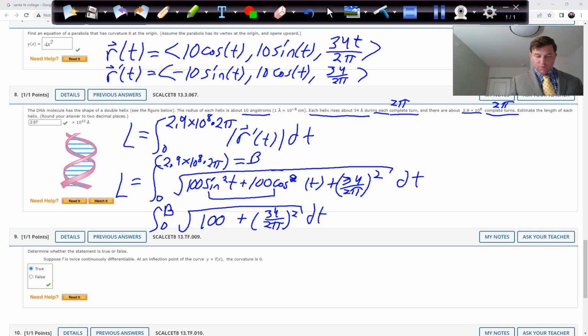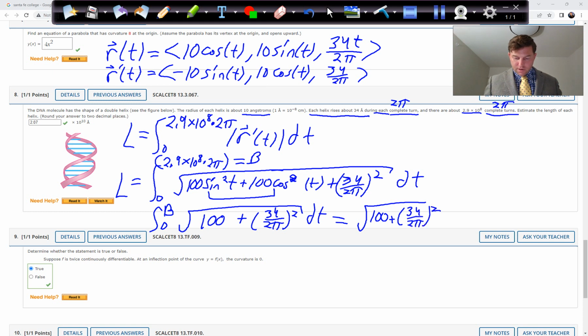So I can pull that whole thing out of the integral. The antiderivative of dt is t. So it's the square root of 100 plus 34 over 2 pi squared, some number, times t, where t has to be evaluated from 0 to that b number, which I'll write back in, was 2.9 times 10 to the 8th times 2 pi.